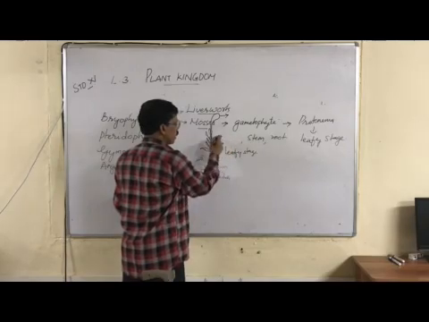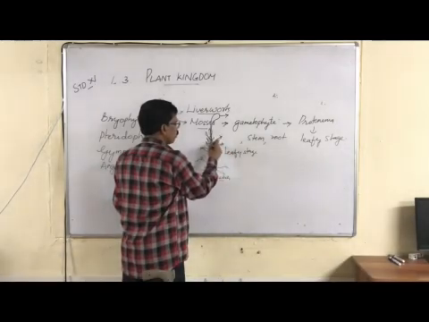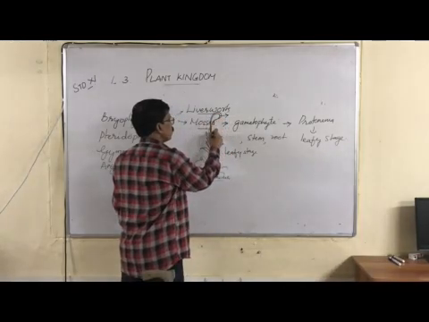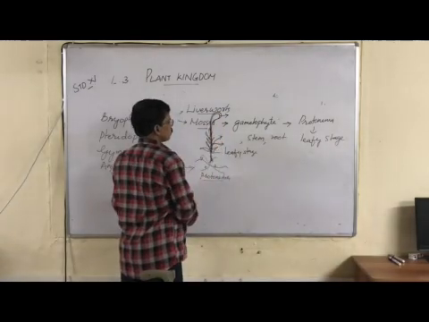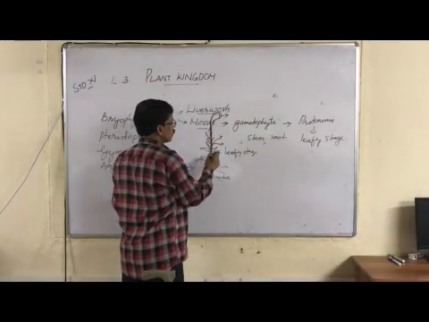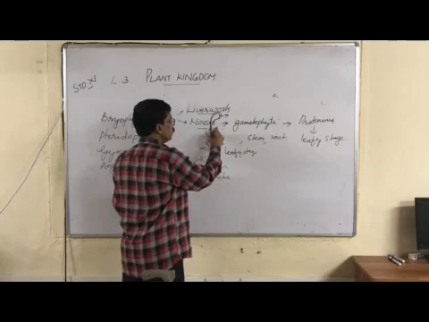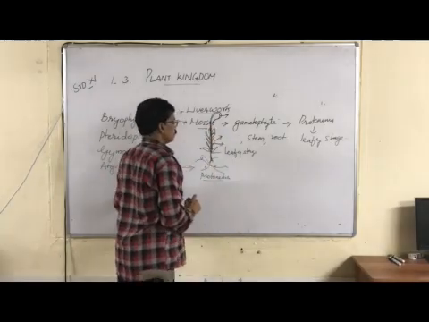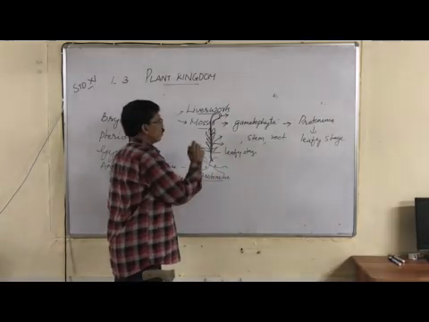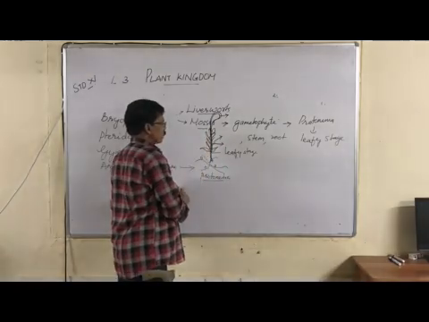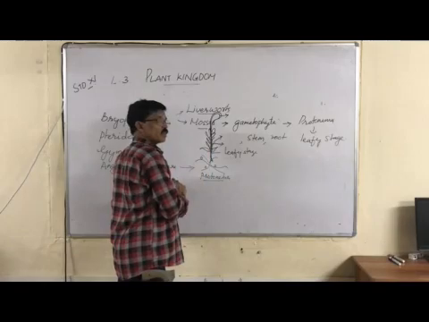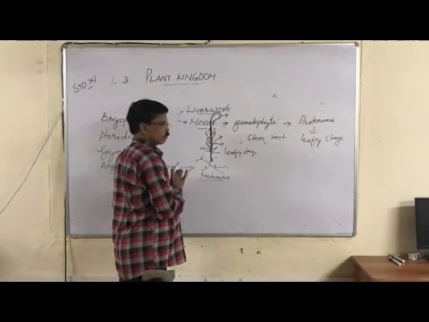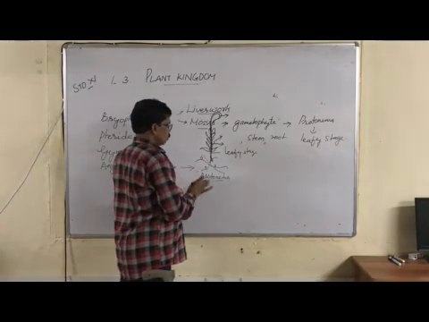They fuse to form a zygote. The zygote germinates to form the sporophyte. So the sporophyte is dependent on the leafy stage of the gametophyte. The entire gametophyte is independent. That is the plant body. So you understood this?